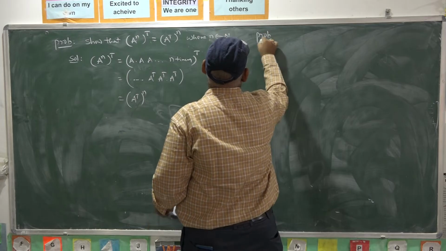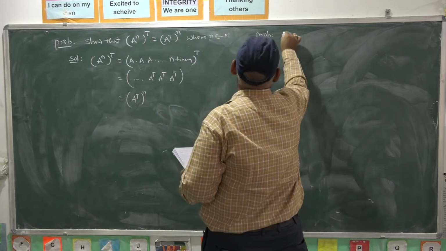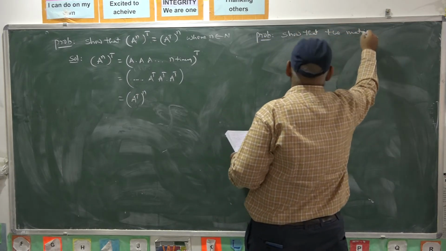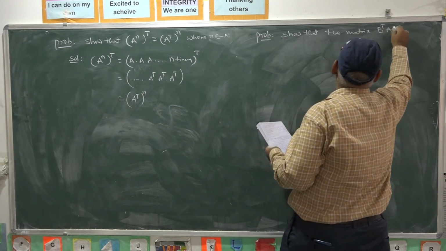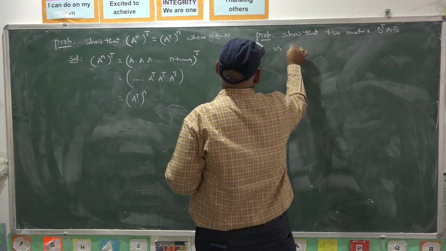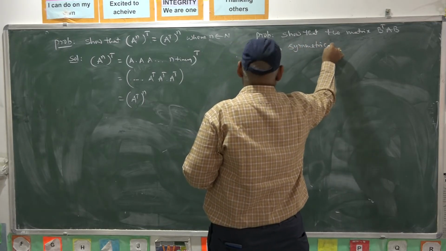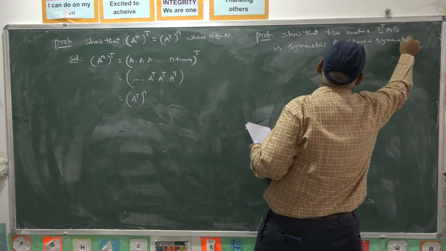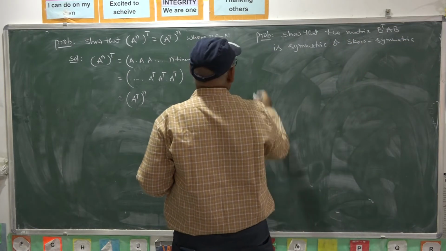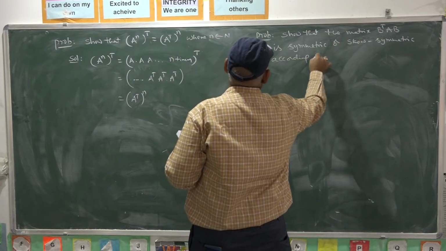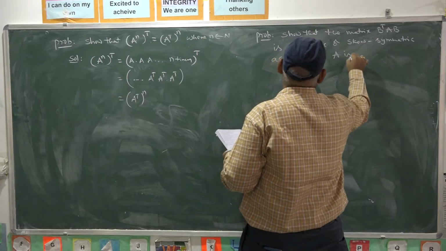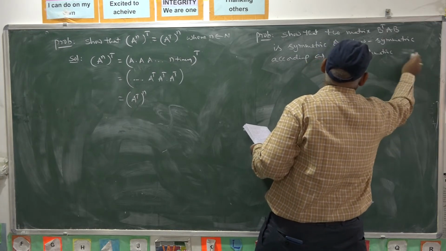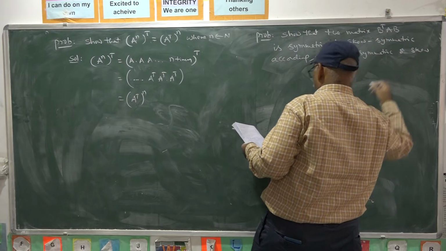Another problem. Show that the matrix B transpose AB is symmetric or skew symmetric according as A is symmetric or skew symmetric.